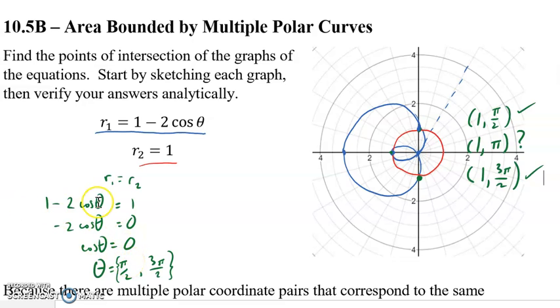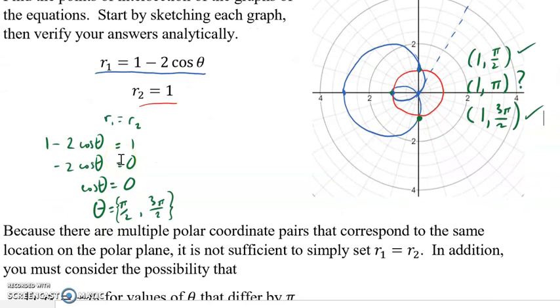Because there are multiple polar coordinate pairs that correspond to the same location on the polar plane, this algebra is not sufficient. We also have to consider a few other possibilities. Remember that the first value I tried was when theta equals 0, and I got an r value of negative 1. That's not the same numbers as 1 comma pi, but it's the same location as 1 comma pi.